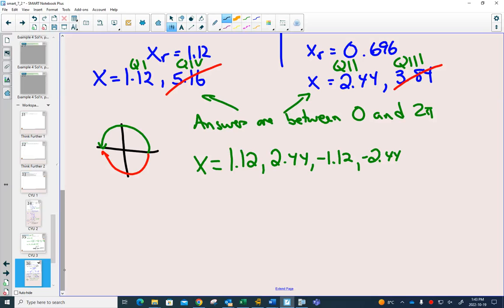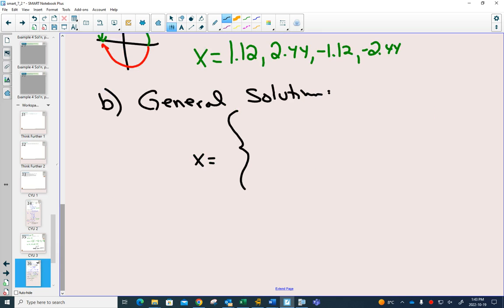Part B, though, says determine the general solution. And for the general solution, we have 4 answers between 0 and 2 pi.